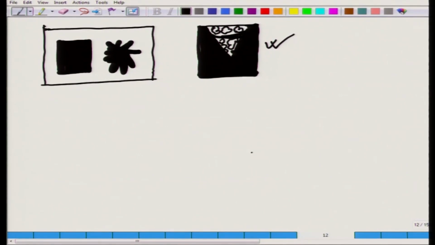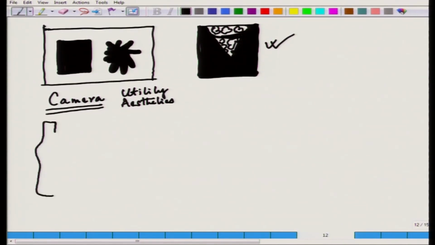In the products of common use, for example, a camera, we can justify its utility and aesthetics, like as we discussed about a symmetrical product.